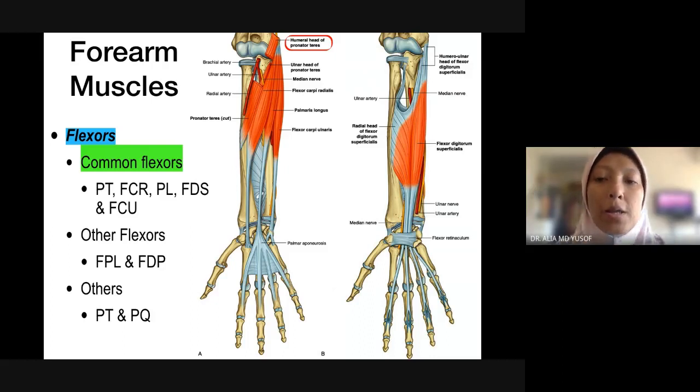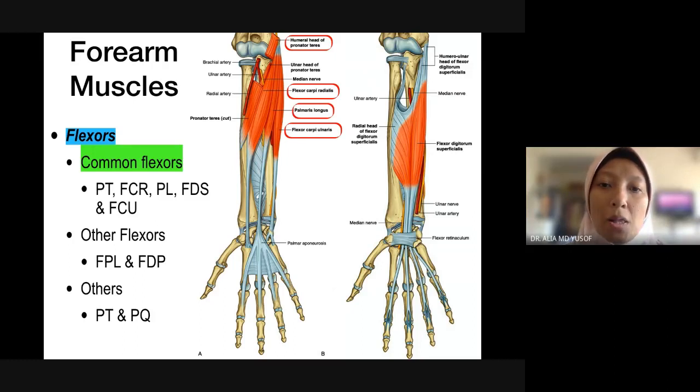The second muscle in the common flexor group is the flexor carpi radialis muscle, or FCR. Then we have the palmaris longus muscle, and we also have the flexor carpi ulnaris muscle.